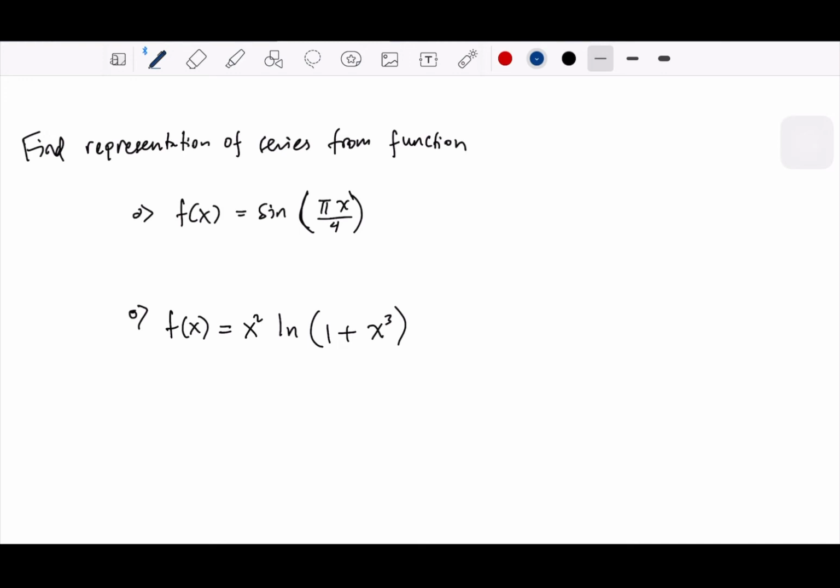Now the problem is sometimes you are not really sure about the functions, or how to take the functions into their power series form.